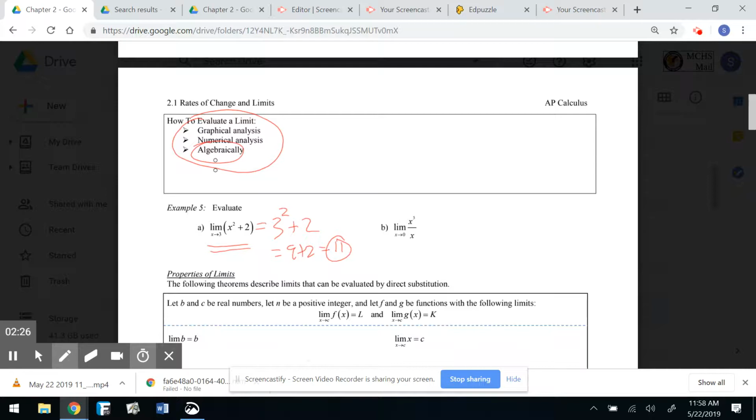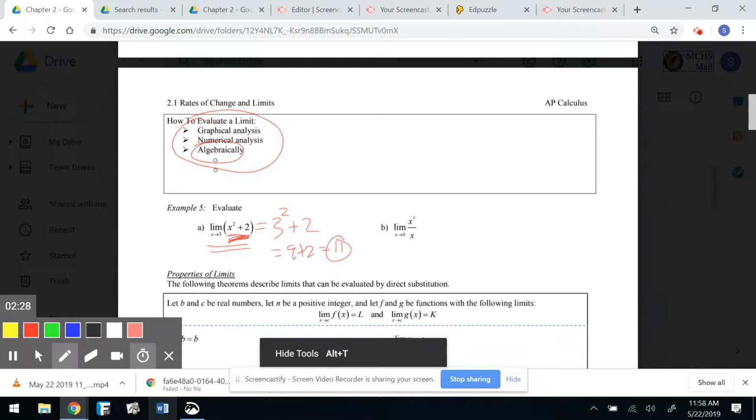Believe it or not, if you graph this function and you look as we approach 3 from the left and to the right, the answer is going to be 11. It actually means the function value equals the limit value. If we look at b, let's use direct substitution again.